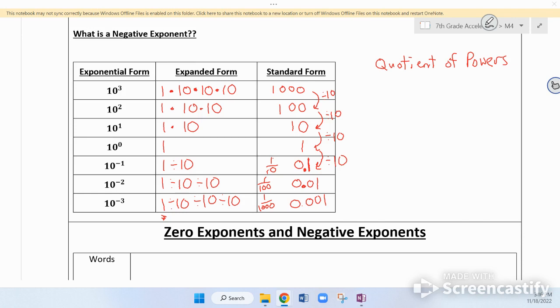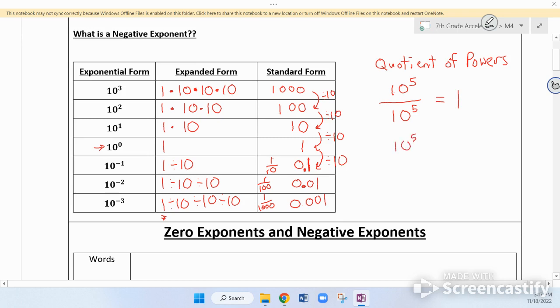We can use quotient of powers to back up what we think here. Let's say 10 to the 5th over 10 to the 5th. You just reason through that. It's the same number divided by itself, right? So that has to equal 1.